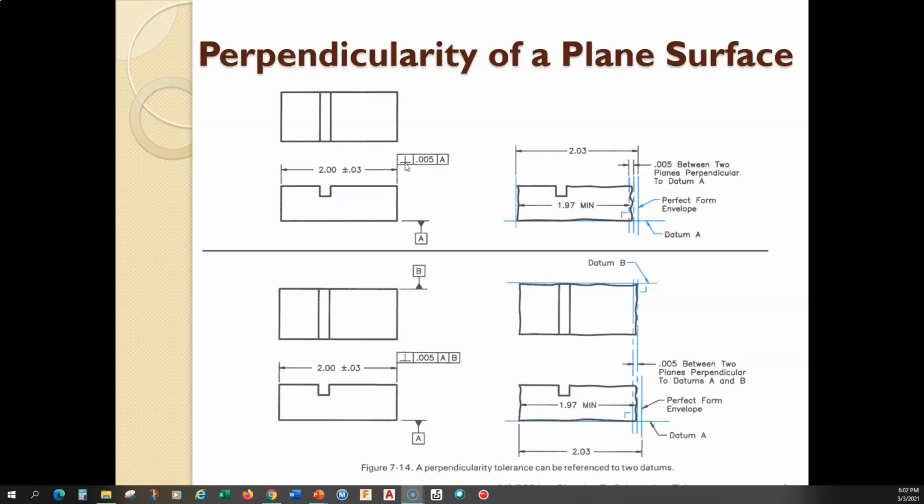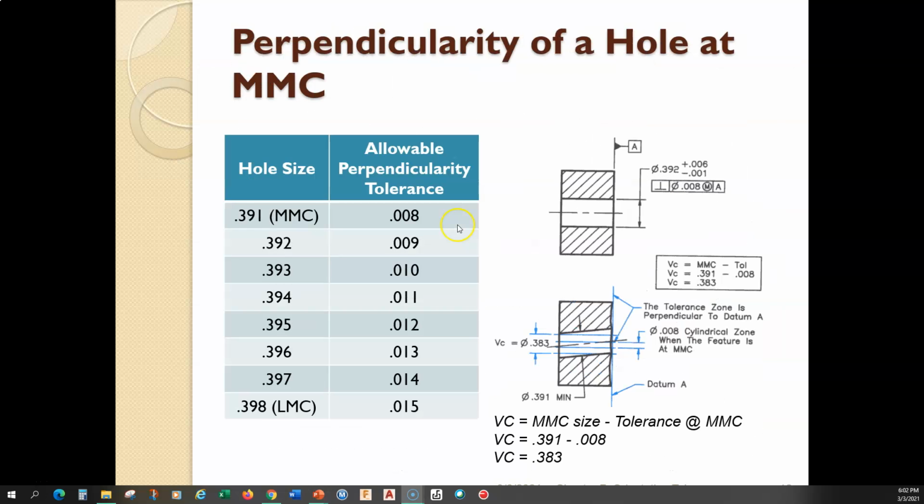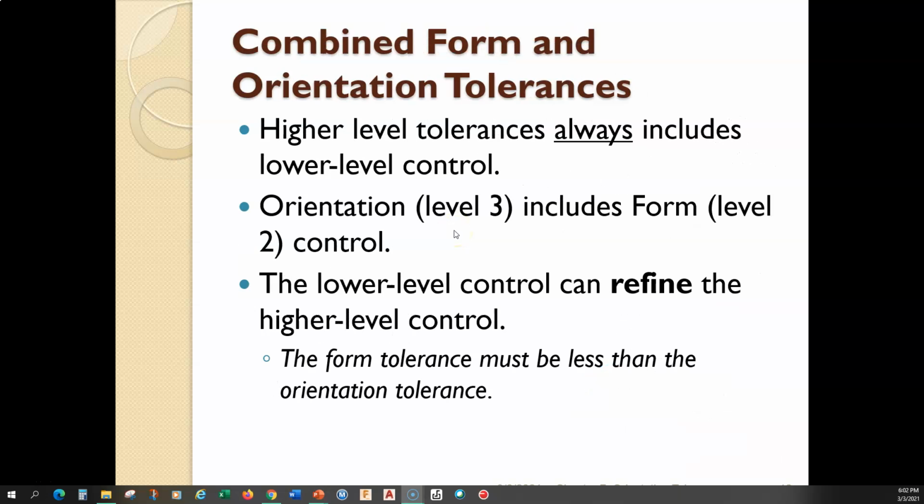But the angularity tolerance, in this case, the perpendicularity tolerance adds a further constraint that not only must it be flat, but it must also be perpendicular to datum A. All right. So that's what I mean when I say the orientation tolerances include a form control already built in.